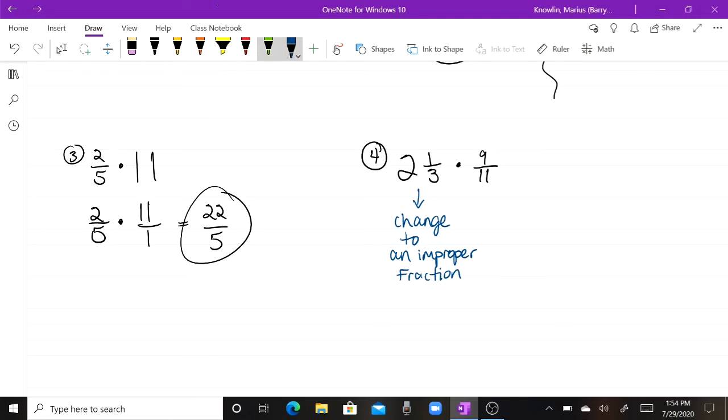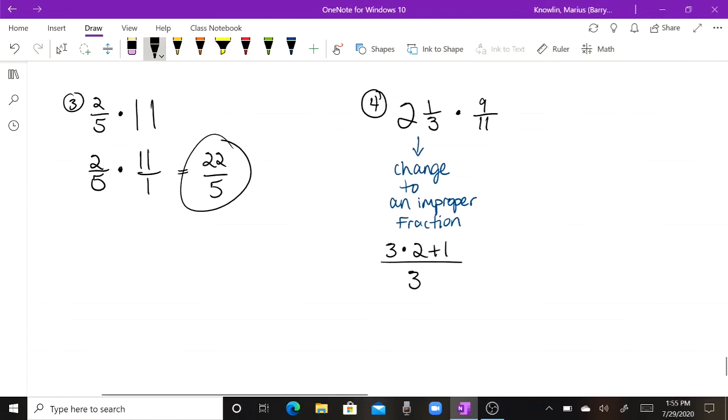To change it to an improper fraction, we would simply do 3 times 2 plus 1. That's going to be the numerator. The denominator stays the same. Okay? So, 3 times 2 is 6. 6 plus 1 is 7. So this fraction becomes 7/3.